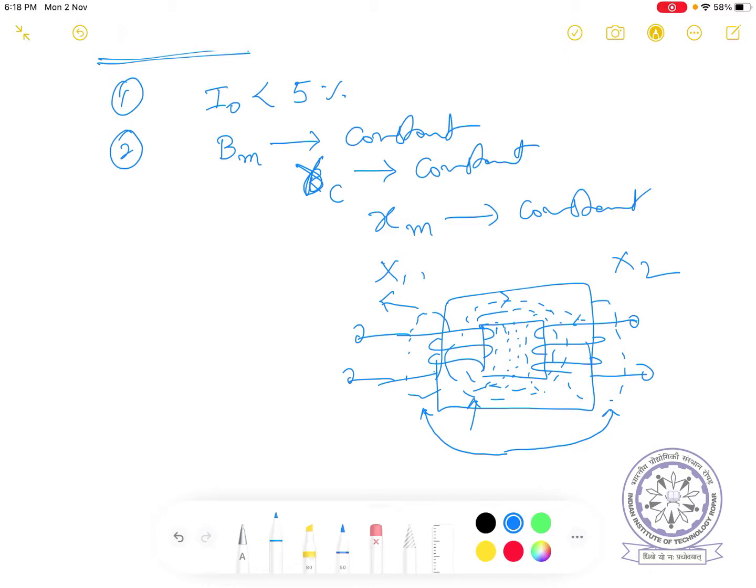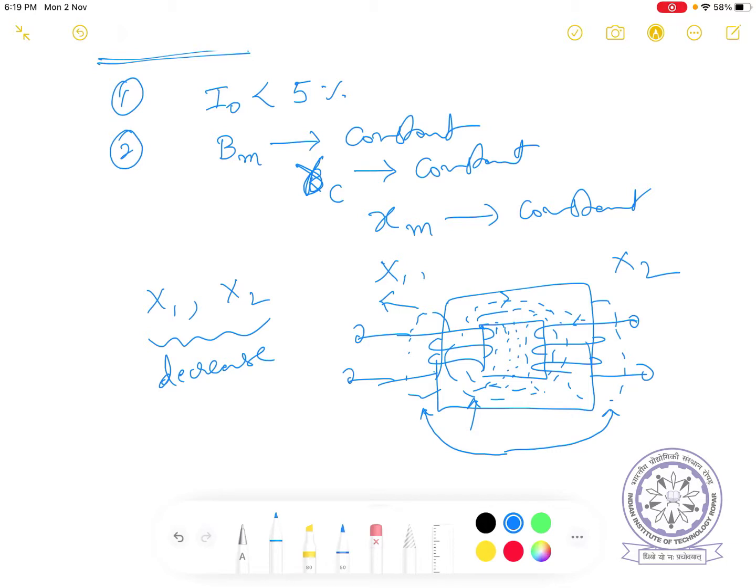When it reduces the permeability of the iron portion, part of the leakage flux path is also through the iron. Therefore, the overall permeability of the path will change. Hence, leakage reactances X1 and X2 also decrease to some extent, not that significantly, very slightly.